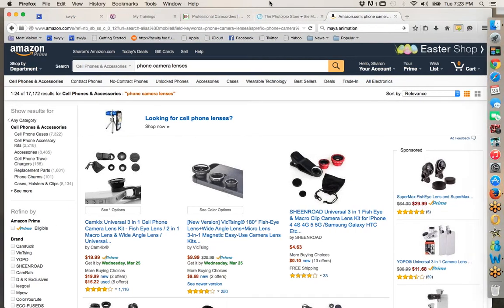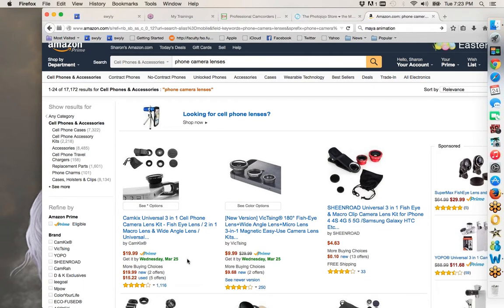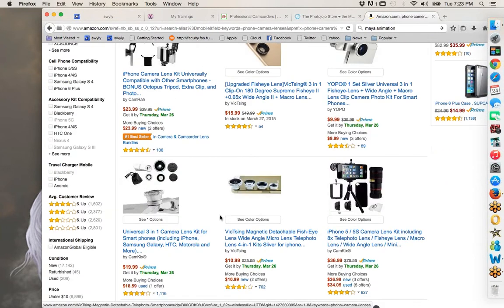And we're starting to get a whole bunch of accessories for them. So all of these are lenses that fit onto a camera phone.